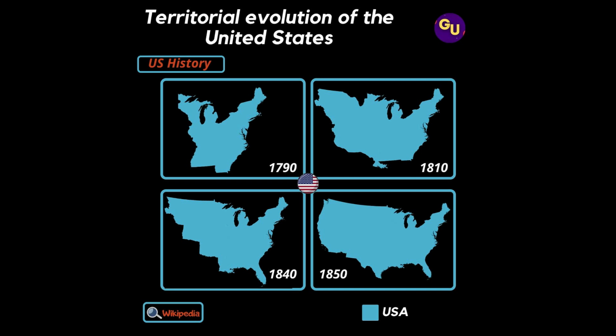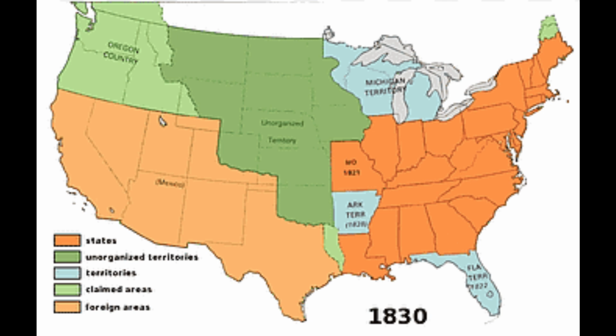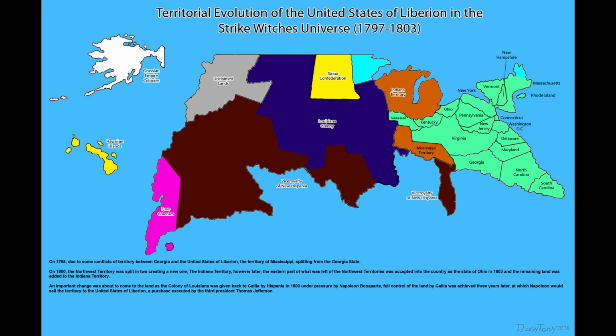In 1912, Arizona was the last state established in the contiguous United States, commonly called the Lower 48. In 1959, Hawaii was the 50th and most recent state admitted.